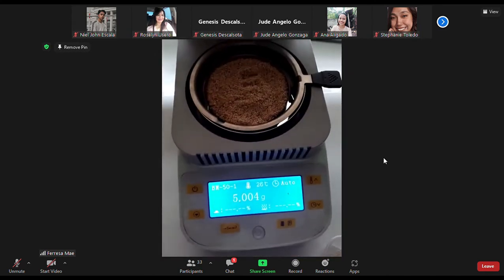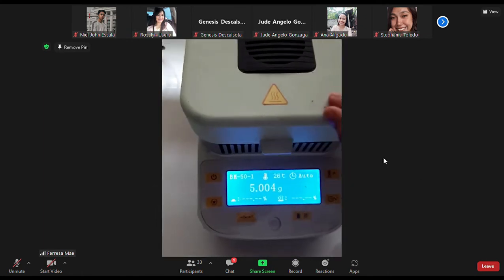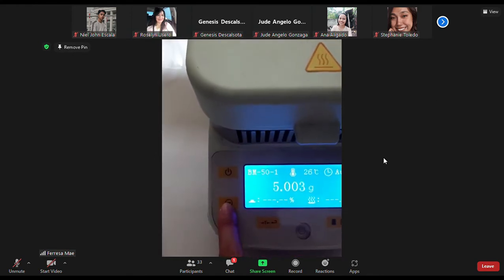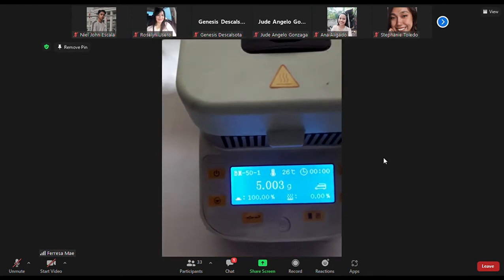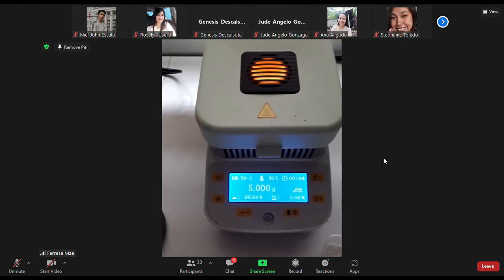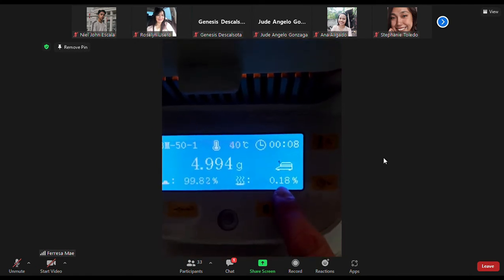There are 5.004 grams. Then you close the lid. Then you press this one. Start heating na siya doon. Amo ni siya ang moisture.